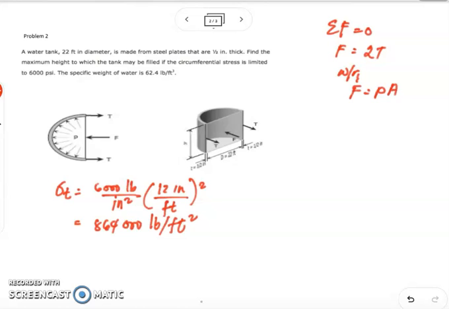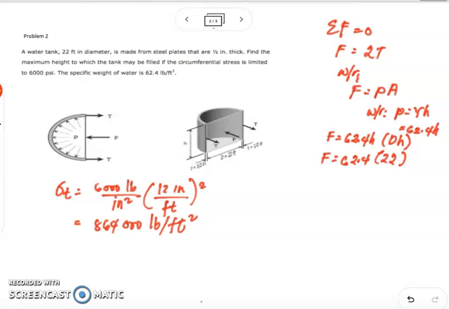Our pressure is actually equivalent to gamma times H, and this is equivalent to 62.4 H. So therefore, our F here is equal to 62.4 H times our D times our H. And it gives us F is equal to 62.4 times 22, which is our diameter, then multiplied by H squared.